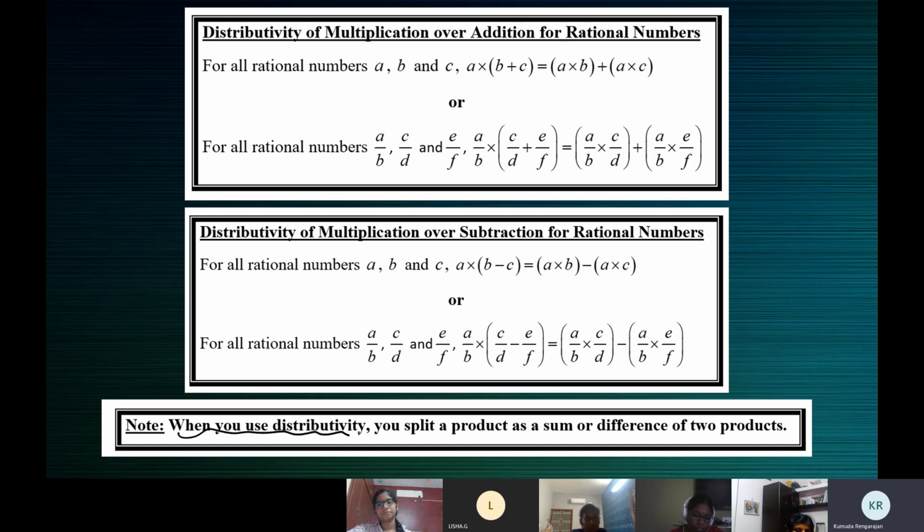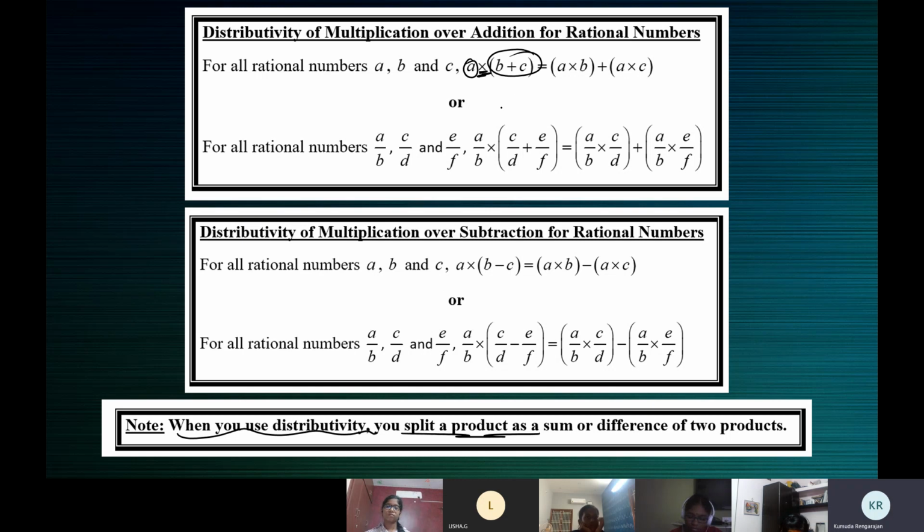When you use distributivity, you split the product as a sum or difference of two products. When you use distributivity, that is the distributive property, you are splitting a product. See here we have a product, A into (B plus C), A and B plus C, and it's multiplied.